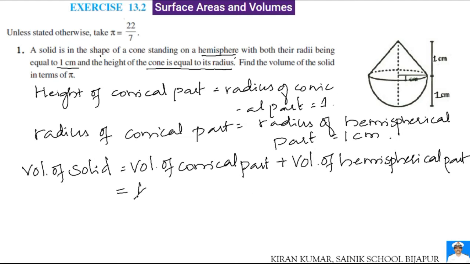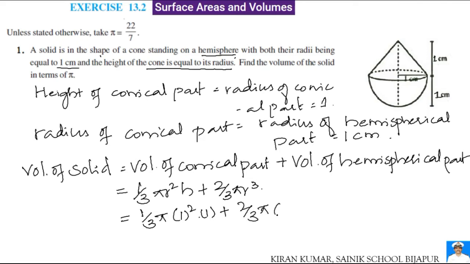Volume of the conical part is 1/3 pi r square h plus the volume of hemispherical part is 2/3 pi r cube. So we need to substitute r as 1 and h as 1. Therefore we get 1/3 pi times 1 square multiplied to 1 plus 2/3 pi times 1 cube. So we get it as 1/3 pi plus 2/3 pi. On the addition, we get it as pi centimeter cube.